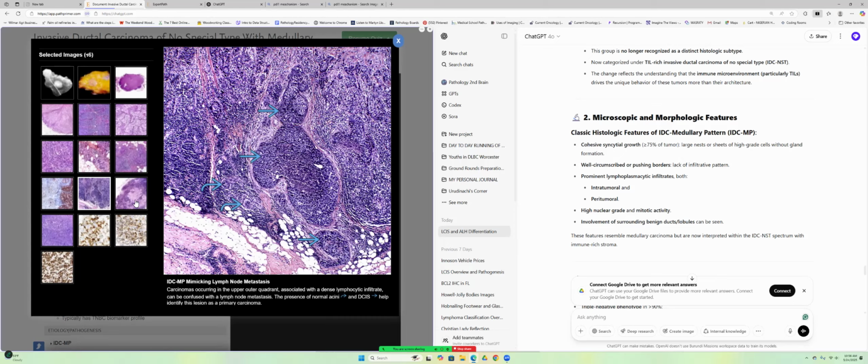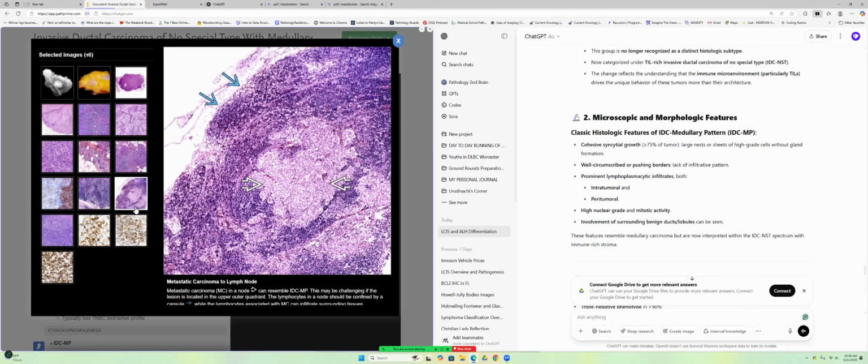Next. The third question can resemble. Okay, so this is metastatic cancer to the lymph node.